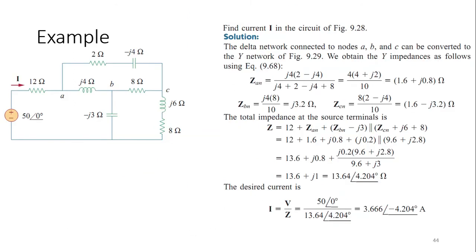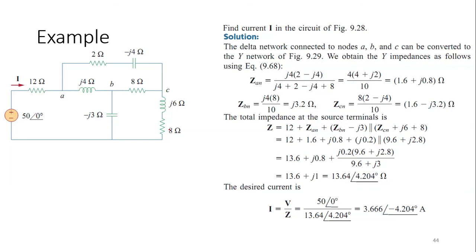The last example for today: find current I in the circuit of figure 9.28. This figure number is with respect to Fundamentals of Electric Circuits by Alexander and Sadiku.